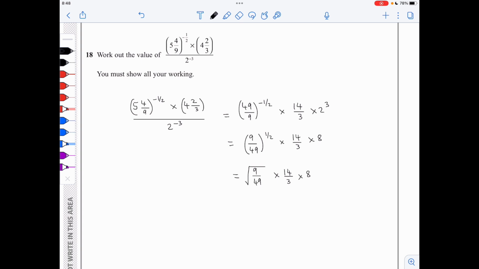The root of 9 is 3. The root of 49 is 7 times 14 over 3 times 8. We've got the 3 with the 3 cancelling out. The 14 with the 7 leaves me with the 2 in the numerator. So all in all, I've got 2 times 8, which is 16, as a final answer.